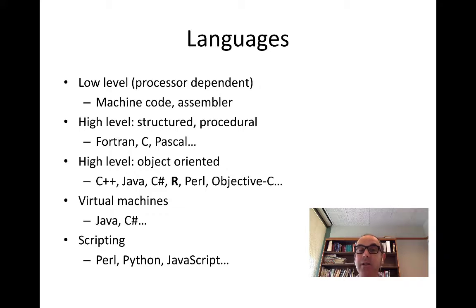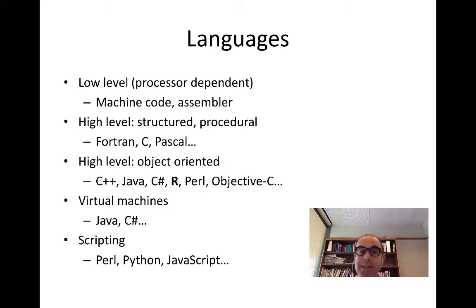And the high level is more structured, and it consists of C or C++. And in that realm of things, we also have a high-level object-oriented language. This is where we in the school are very open, focusing on.